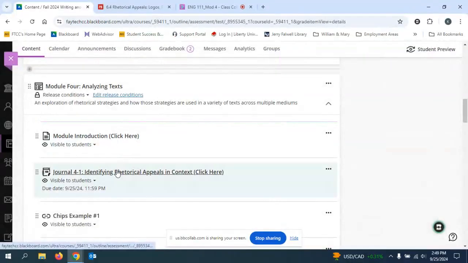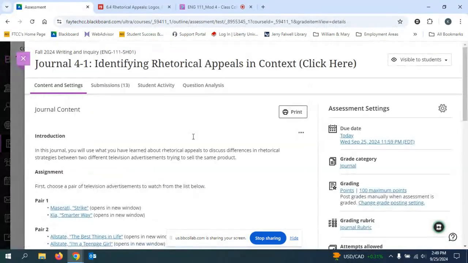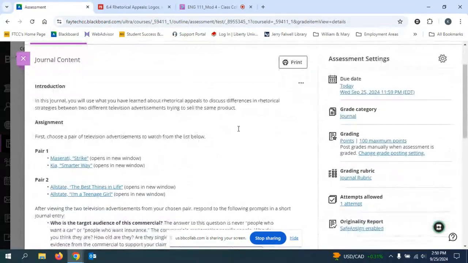Okay, let's look at the assignment, Journal 4-1. So of course you're going to set up your document in MLA style like we've been practicing. And you're going to analyze the rhetorical strategies of 2 commercials.